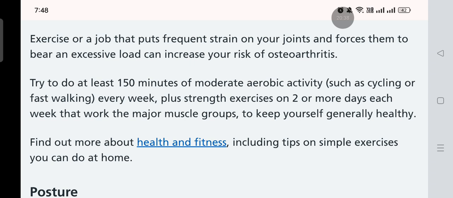Exercise or a job that puts frequent strain on your joints and forces them to bear an excessive load can increase your risk of osteoarthritis.